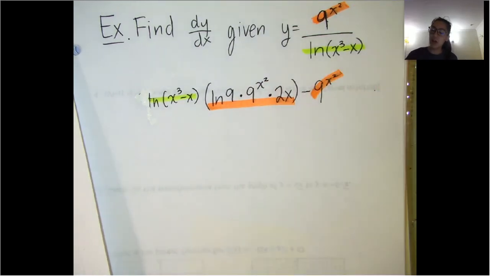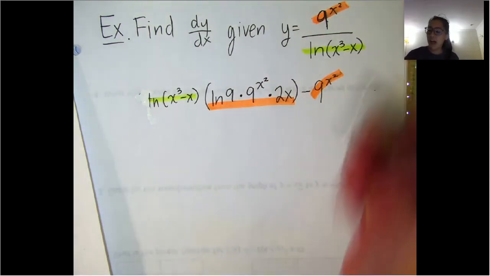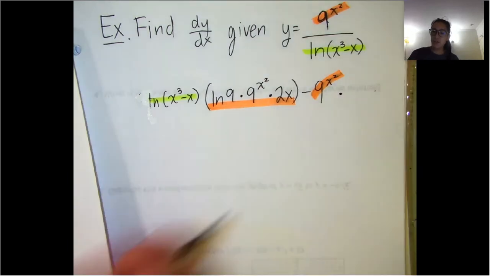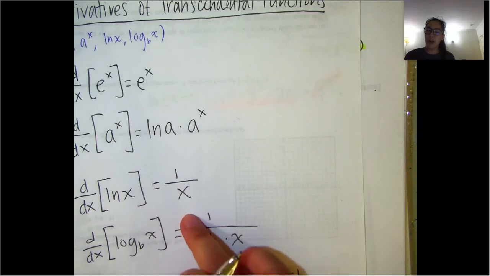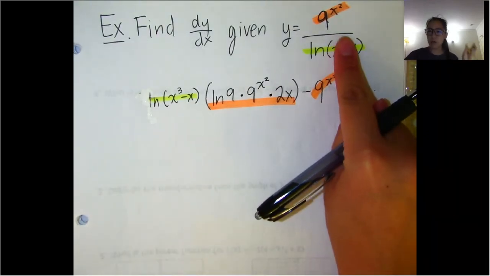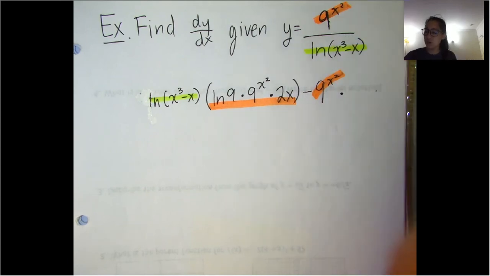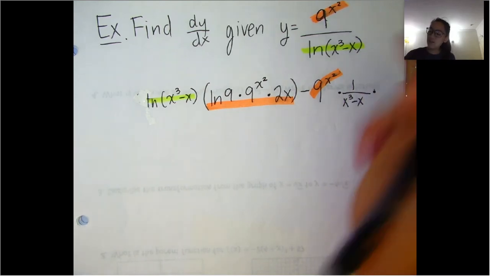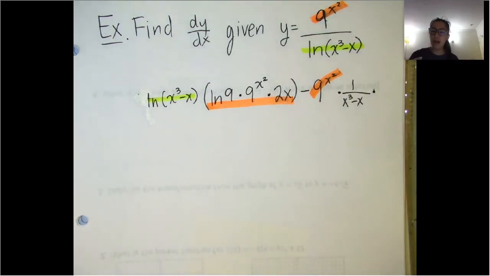And then d low, the derivative of ln of x cubed minus x. The derivative of ln of x is 1 over x. But in this situation there's more stuff in there, so we have to cover that up and treat it as an inside function. So it'll be 1 over x cubed minus x, and then times the derivative of that, because we want to multiply by the derivative of the inside function. That's using the chain rule. What is the derivative of x cubed minus x?